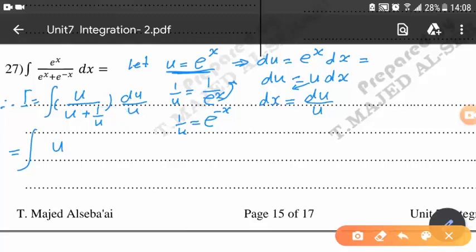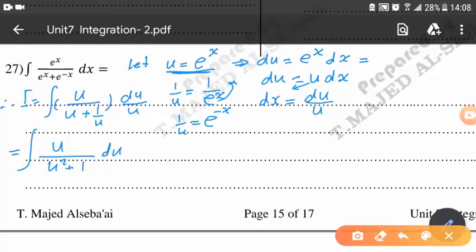It will be u over u squared plus 1 over u by u is 1, du, right? What do you think? What is that?